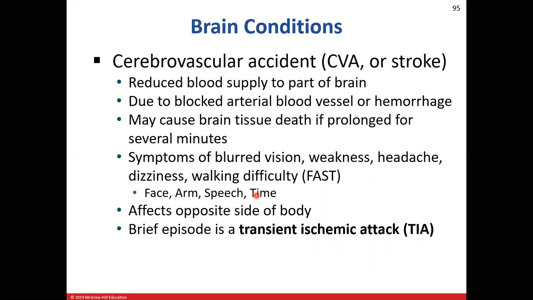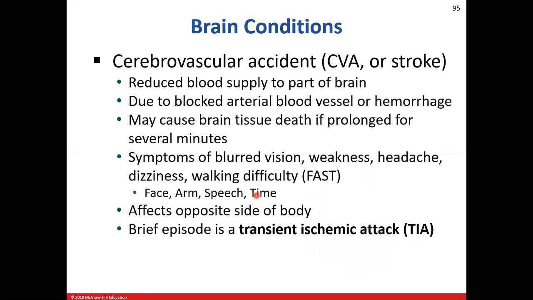And oftentimes with a CVA or with a stroke, you're going to see the effects be on the opposite side of the body. So again, if you have a stroke on the right side of the brain, you typically are going to see the effects occur on the left side of the body. Now, we can also have a brief type of CVA, which is called a TIA, or a transient ischemic attack.